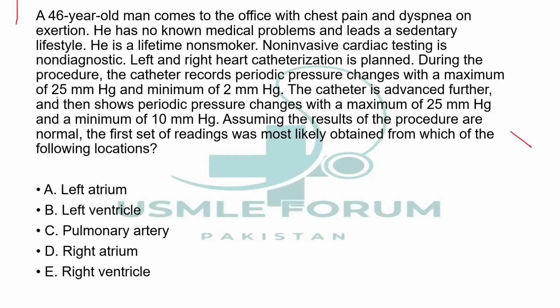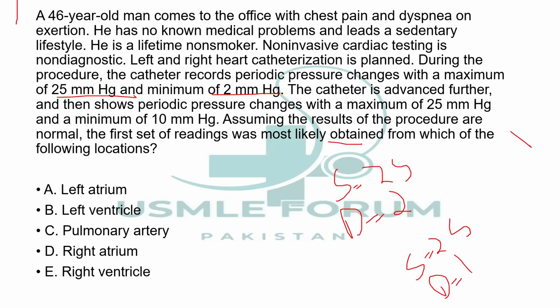This is the first reading, a maximum of 25 and a minimum of 2. We could say the systolic was 25 and the diastolic was 2. Then the catheter is advanced and it shows the next reading of systolic 25 again and diastolic of 10. So the diastolic has increased.